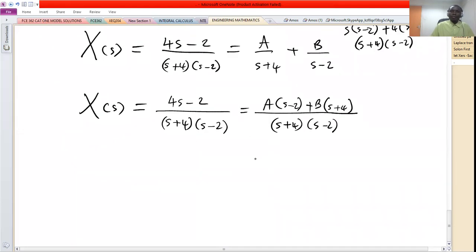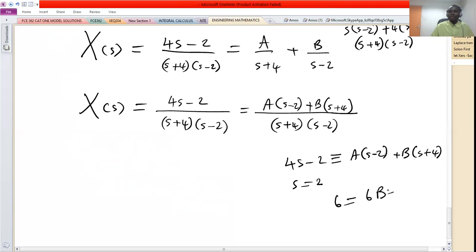So which tells us that 4S minus 2 is equivalent to A times S minus 2 plus B times S plus 4. So when we set S to be 2, then 2 by 4 will be 8 minus 2, 6 equals to 6B. So this tells you that B equals to 1.